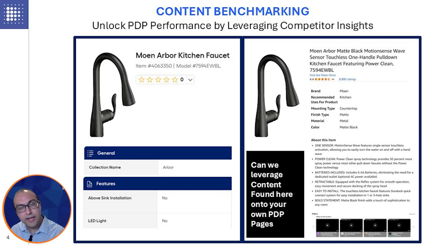Can we leverage what we see at other retailers to help inform our own PDP pages, right? And while this may work well with your traditional national brand products, this also could work for your third-party marketplace as well, right?